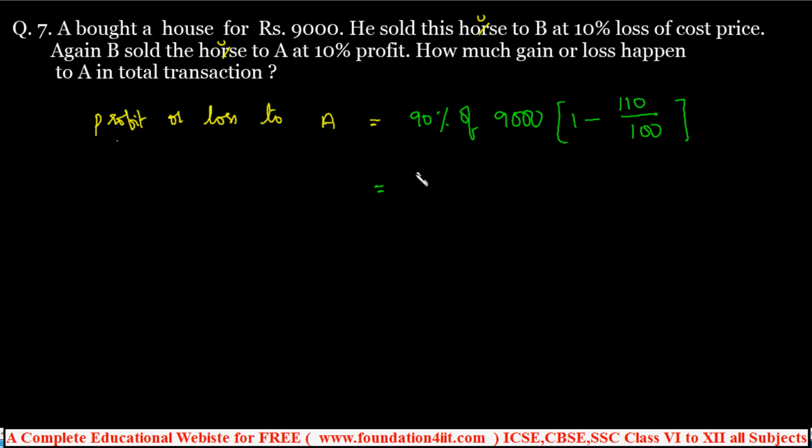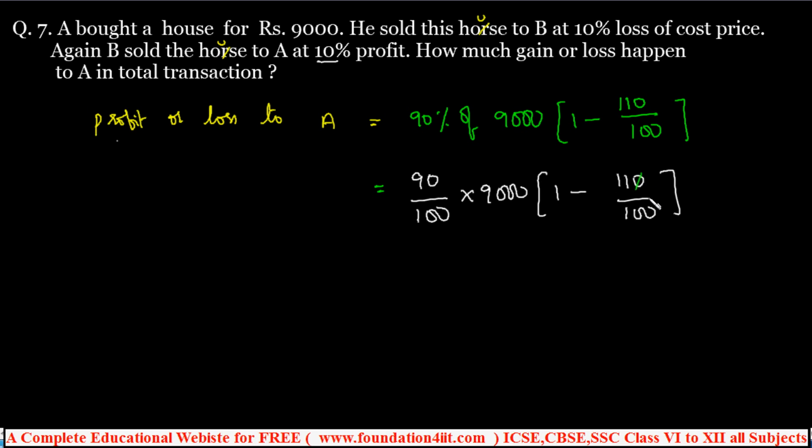Okay, 90% of 9,000, that is 90 by 100 into 9,000, and in the reverse process 1 minus, you always take it like this: the 10% profit is 110, 20 means 120. The loss is 100 minus that number, and 110 by 100. Now let us do the LCM here.